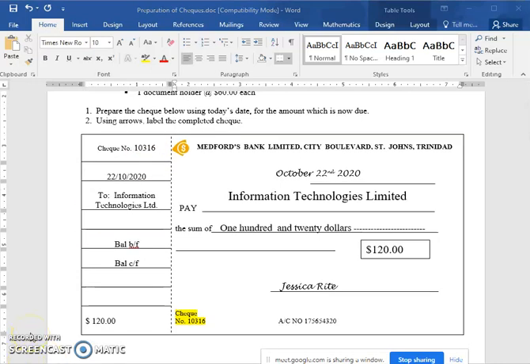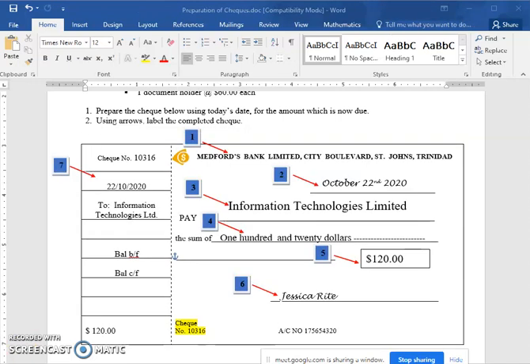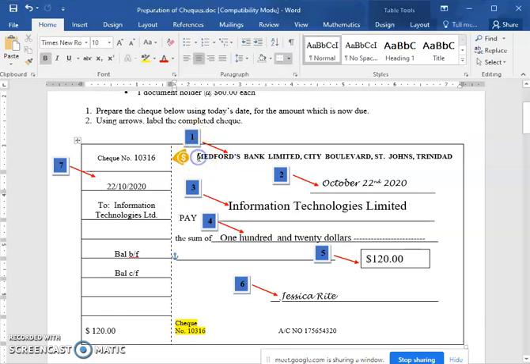Okay, so now that we have completed the check, you are going to be given 5 minutes using arrows to label the completed check. So take a few minutes and label the completed check, please. Okay, so let's see if you would have gotten these answers. Number 1, this is known as the name of the drawee, the bank on which the check is written, or the bank on which the check is drawn.